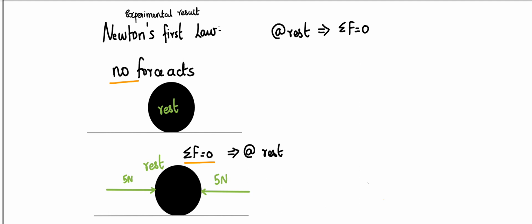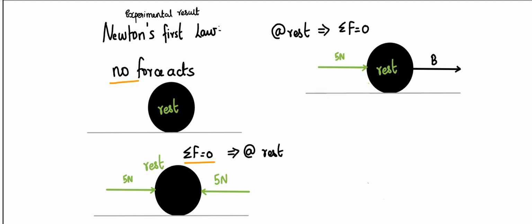So let's see the reverse form of this sum which we just discussed. Here I take a body acted on by a 5 Newton force and another force, defined by B, which is an unknown force, but I can see the body is at rest. So I apply summation of F is equal to 0 and solve.